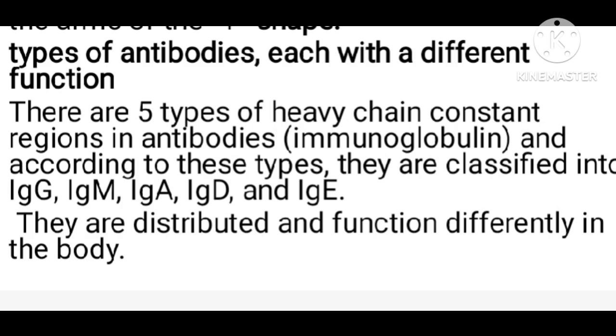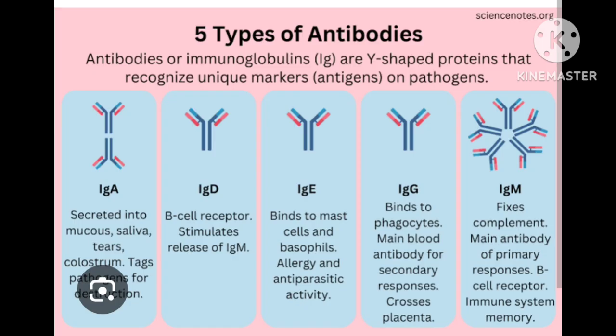According to these types, there is classification into IgG, IgM, IgA, IgD and IgE. Here a picture is also there. You can draw the diagram showing the heavy chain and light chain, and everything is displayed in this.